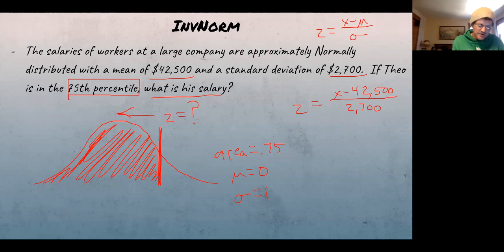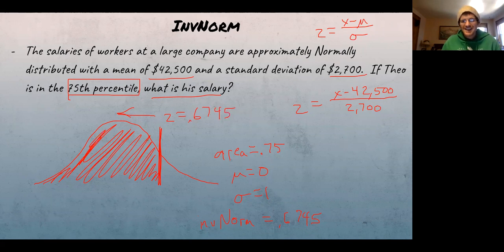And when I do this, my inverse norm is going to tell me this is 0.6745. Okay. And now I know that it's not this unknown z-score anymore. The calculator told me it's 0.6745.